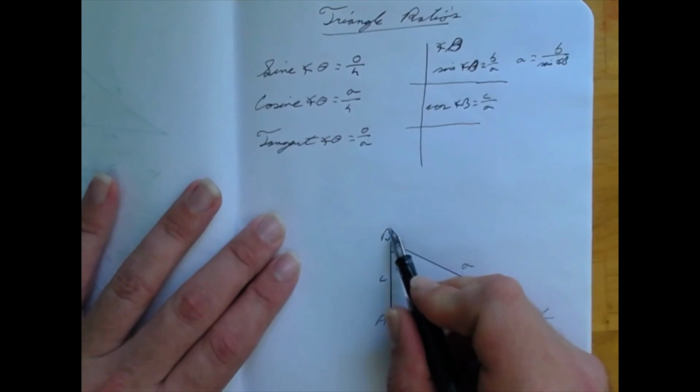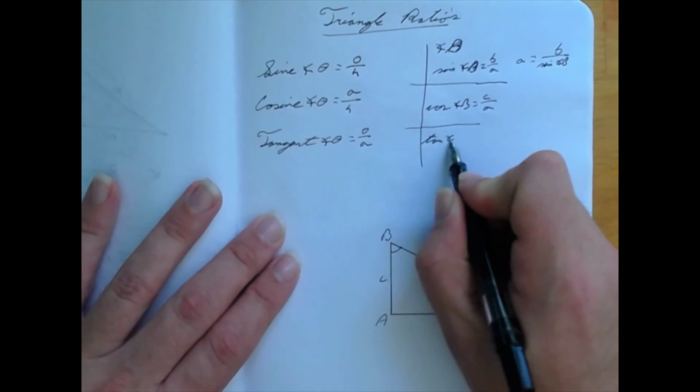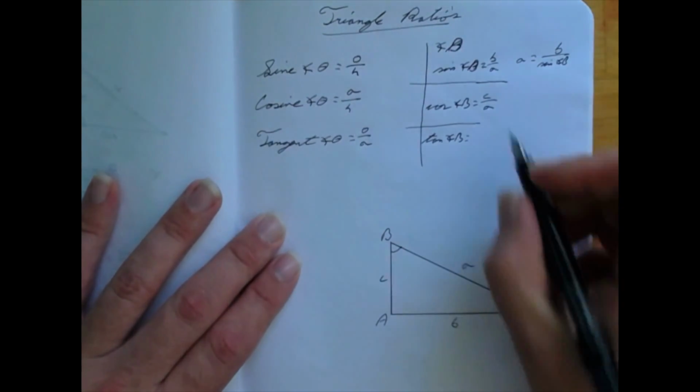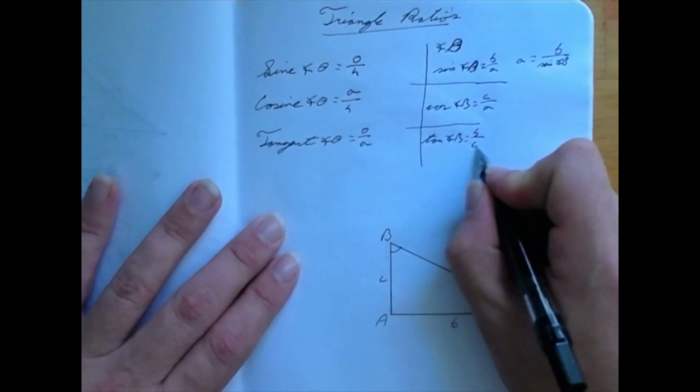So for angle B, the opposite side, which is B, over the adjacent side, which is C.